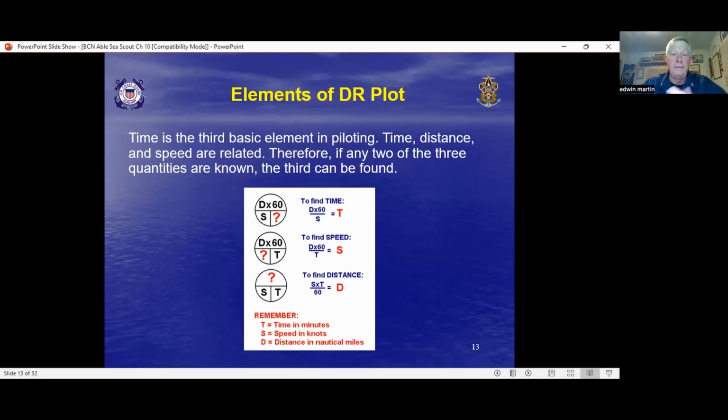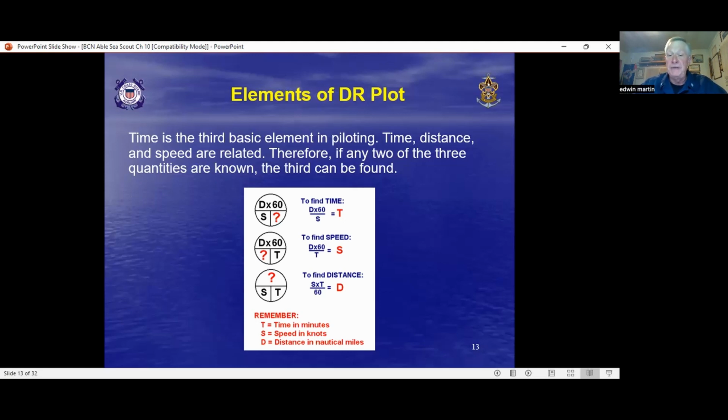If you want to find the time, you can multiply the distance of the line by 60 and divide by the speed that you're going to be traveling. To find the speed, of course, it's the distance times 60 divided by the time. That will give you the speed that you're making.